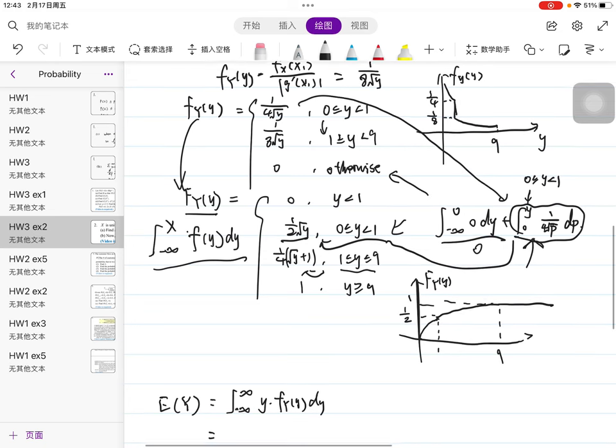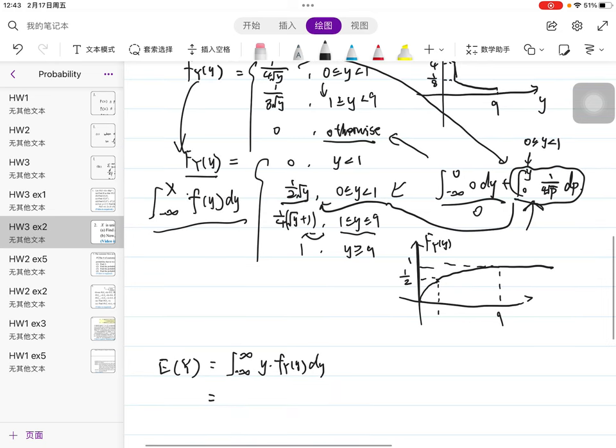And since there is 0 elsewhere, we just write from 0 to 1 y times this, plus from 1 to 9 y times this.